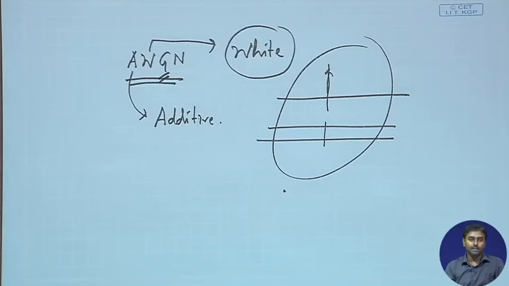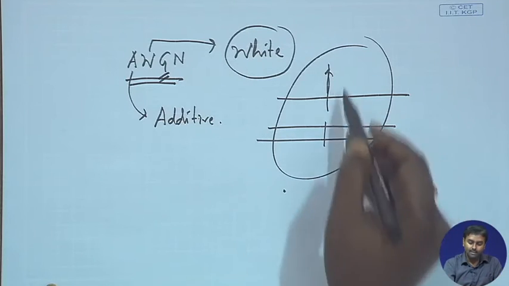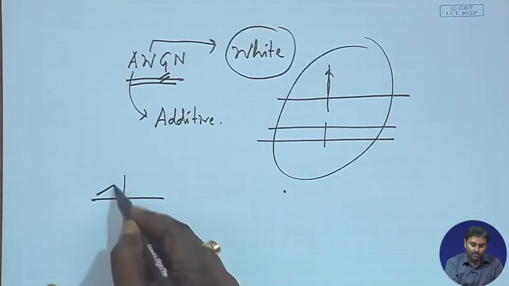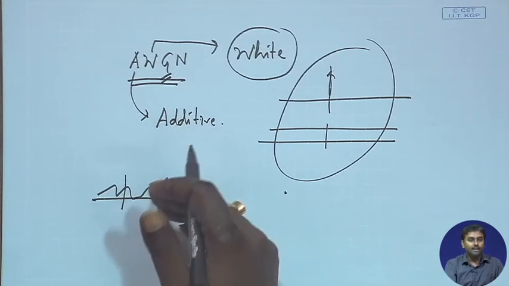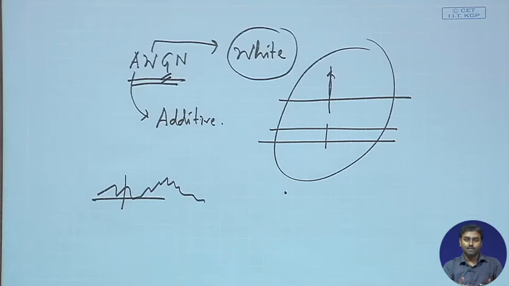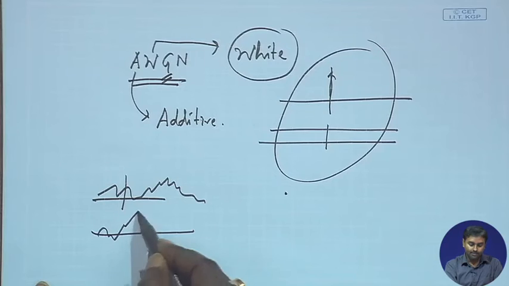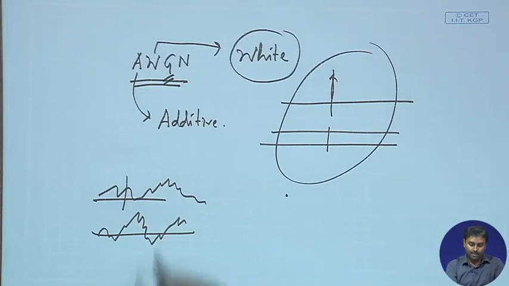The next part is G, which is Gaussian. So, what does this mean? See, this is the power spectral density, this is the autocorrelation. Actual noise will look something like this, right? And because it is a random process, you can have infinite numbers of such samples which will look different if you take different samples.